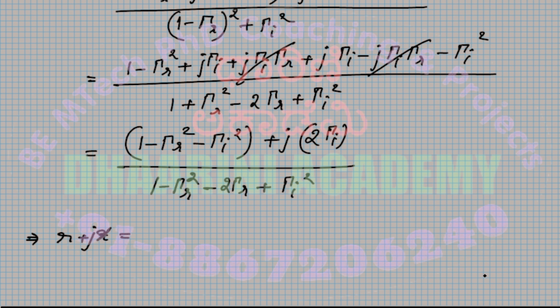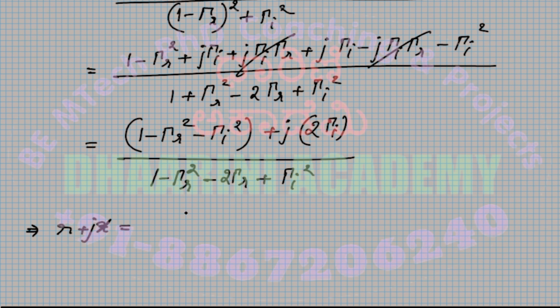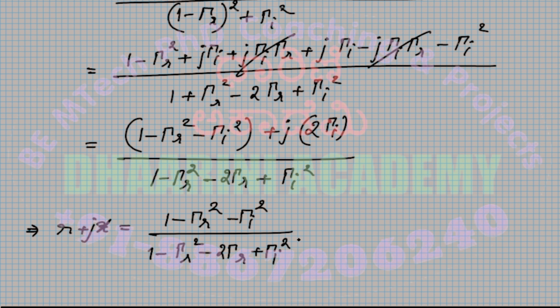I'll separate the real and imaginary terms, and I write two terms now. So the real part is 1 minus gamma r square minus gamma I square divided by the denominator, 1 minus gamma r square minus 2 times gamma r plus gamma I square.